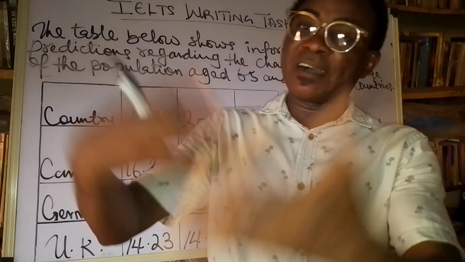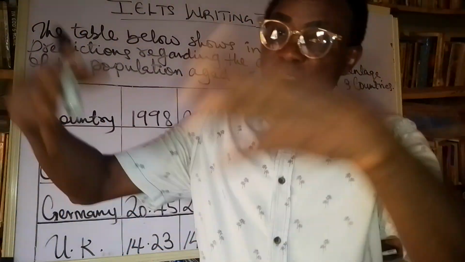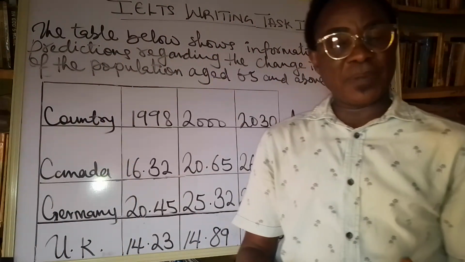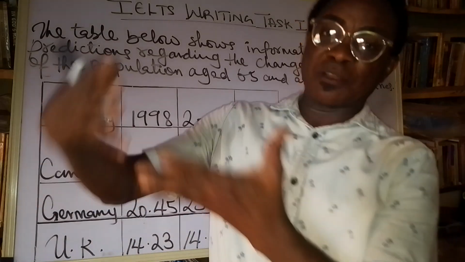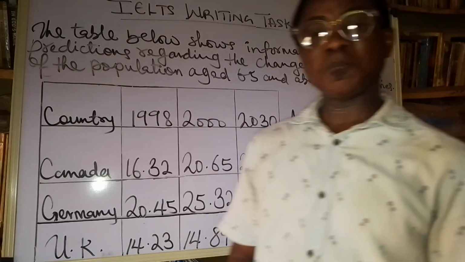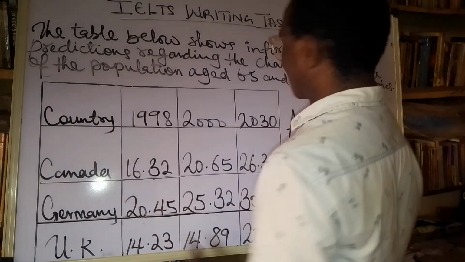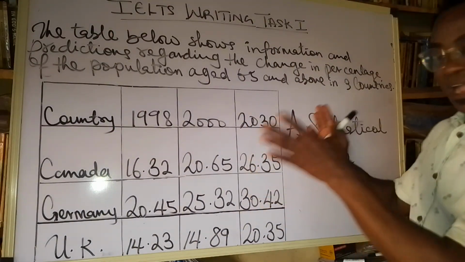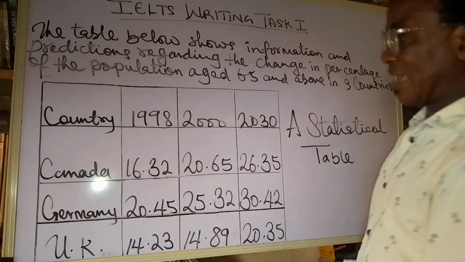Changes that occur in this age bracket within the period of study is what the table is measuring. Now let us see what we can find on the table at a glance.